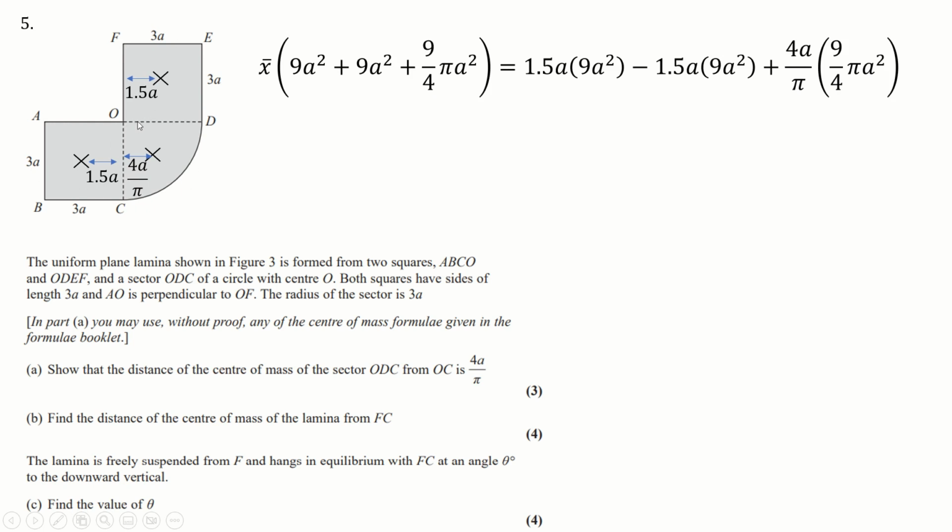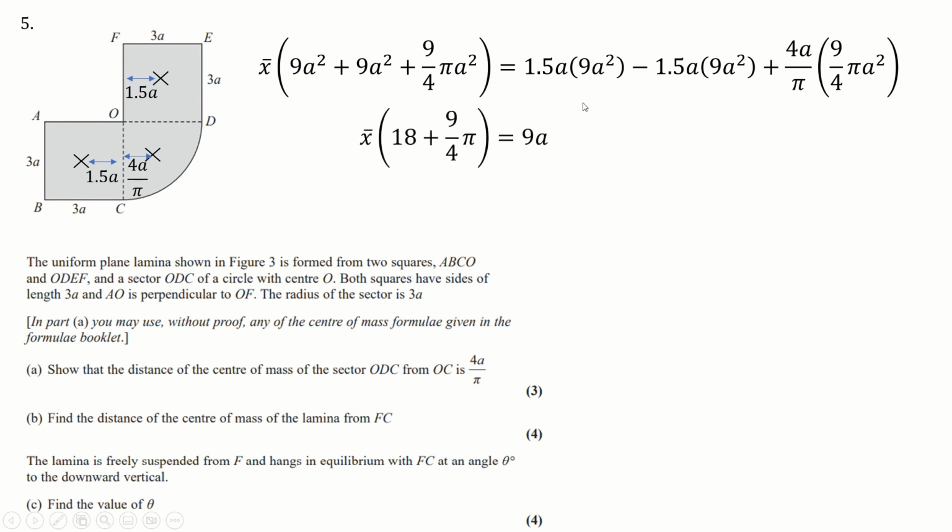Now, r is 3a, so that's 9a squared, and then you times it by pi because it's pi r squared, and then you divide by 4 because it's a quarter of a circle. So that's the total area, which we can model as the mass. And then we have 1.5a times the area of this one, minus 1.5a times the area of this one, because that distance is negative, and then plus 4a over pi times the area of this one.